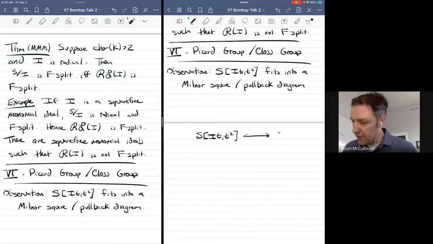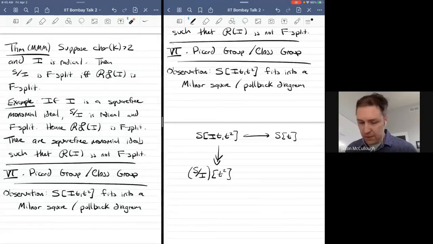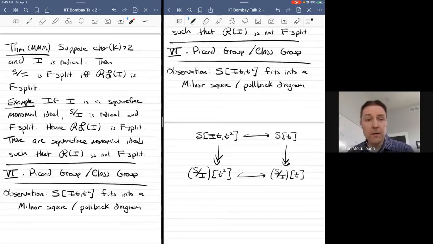Remember, it embeds into this polynomial extension of the original polynomial ring, but it also surjects onto S mod I adjoin T squared. This, of course, surjects onto S mod I adjoin T. And of course, we have the obvious inclusion going this way. So I claim that you can define the Rees-like algebra as the pullback of these maps of rings.